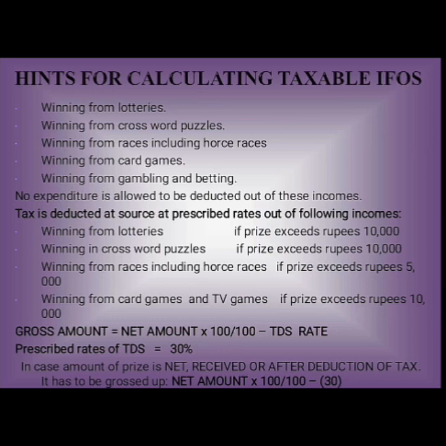The prescribed rate of TDS for casual income is 30%. In case the amount of prize is received net, or after deduction of tax, it has to be grossed up by net amount into 100 divided by 100 minus 30%, that is, denominator as 70.